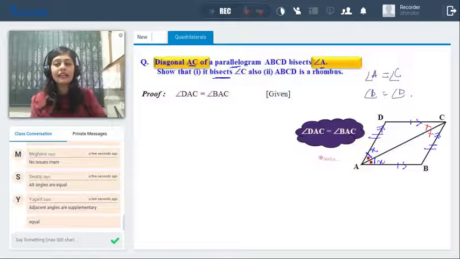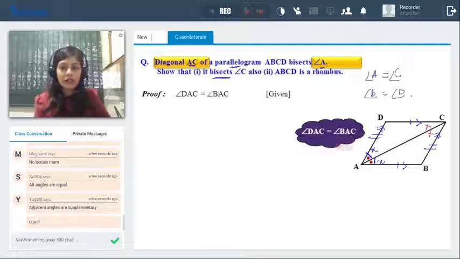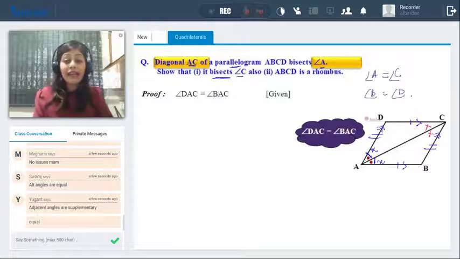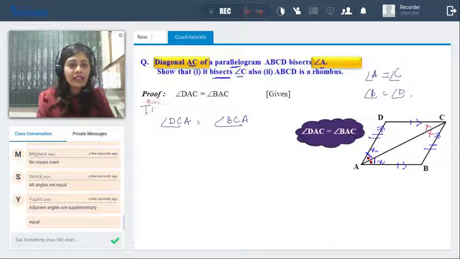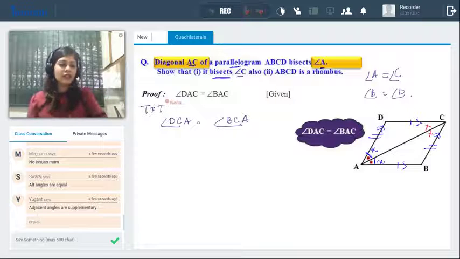So students, pay attention. Since all angles are not equal to each other, what we need to prove is that angle C is getting bisected by AC. What we need to prove is angle DCA equal to angle BCA. This is what we need to prove.